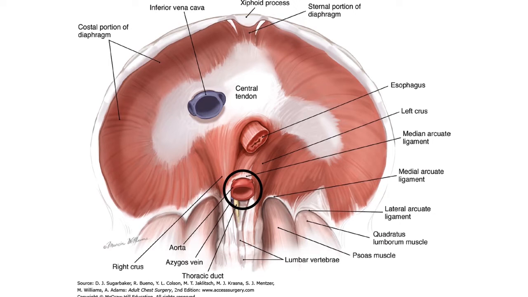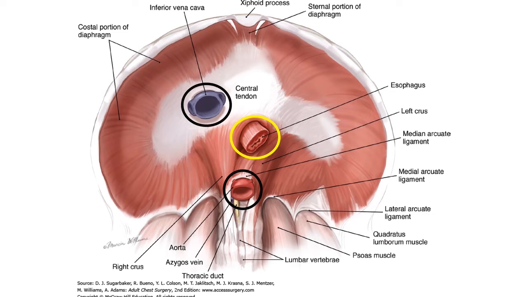On the left, it is the left crus of the diaphragm, and on top of it is the median arcuate ligament. Then we have the opening for the esophagus, which is higher up, and this opening is under the curve of the right crus of the diaphragm, which acts, as we will know later on, as a valve preventing contents of the stomach to go up.